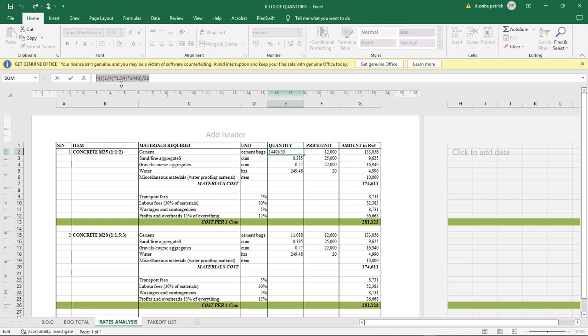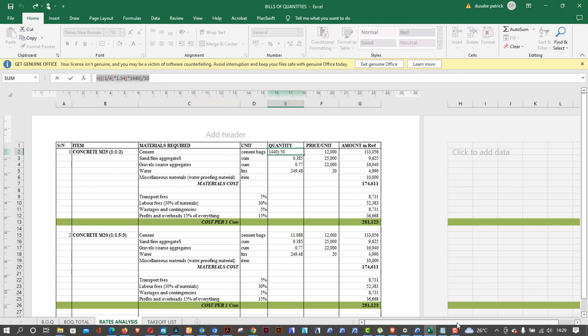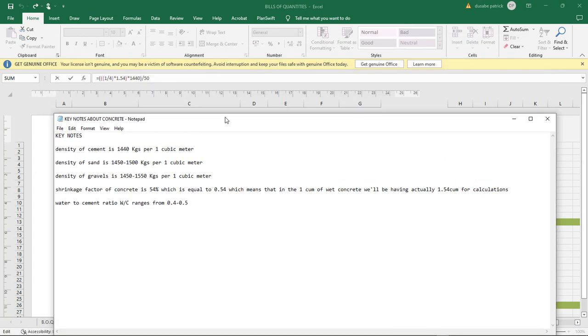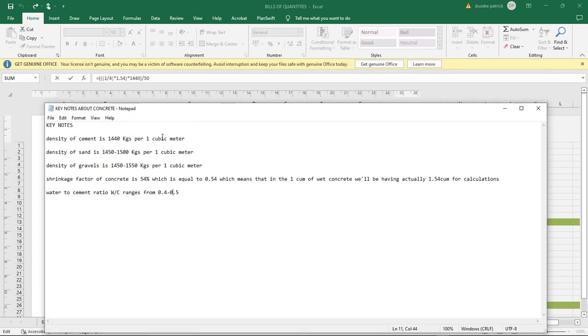And then we were multiplying it with the 1 cubic meter plus 54% of the shrinkage factor of wet concrete, which turns out to be 1.54. So far, as we've seen already, the density of cement is actually this. Which means that if we have 1 cubic meter of cement, it's gotta be equal to 1,440 kilograms. And this is what we are doing right here.